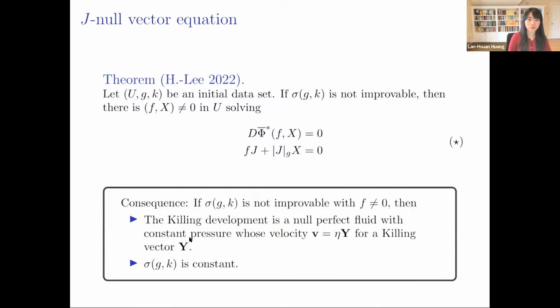And the pressure has to be a constant. And then we know the space-time has a Killing vector. And moreover, the pressure is related to this quantity, and we know the dominant energy scalar must be constant.